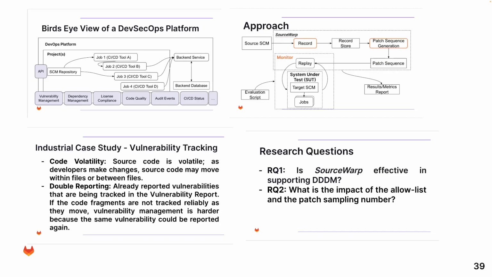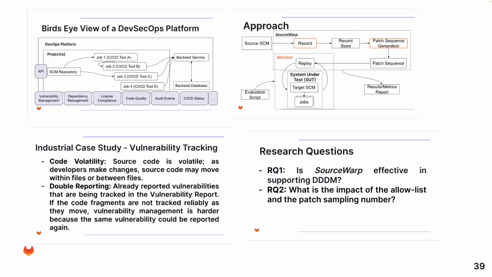Then we talked about the approach, with the different components: record step, patch sequence generation, and monitor. And then we talked about the industrial case study where we applied SourceWarp for evaluating vulnerability tracking.